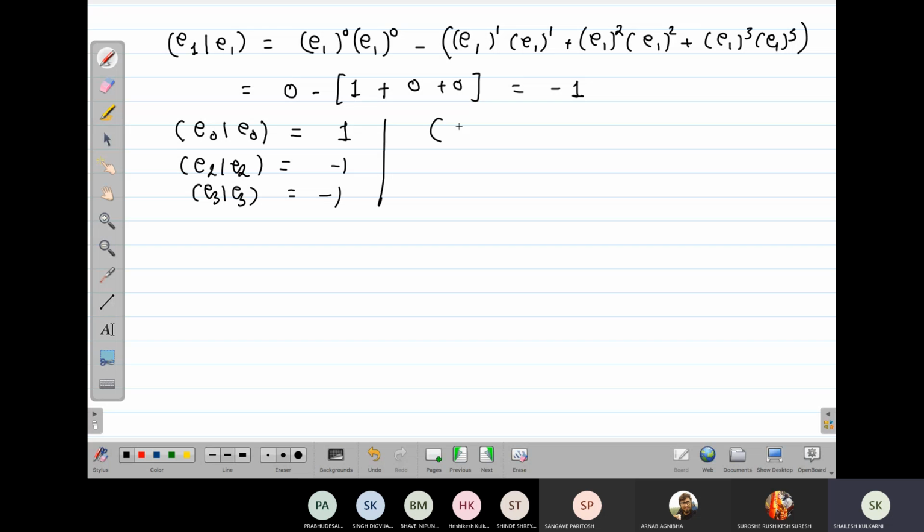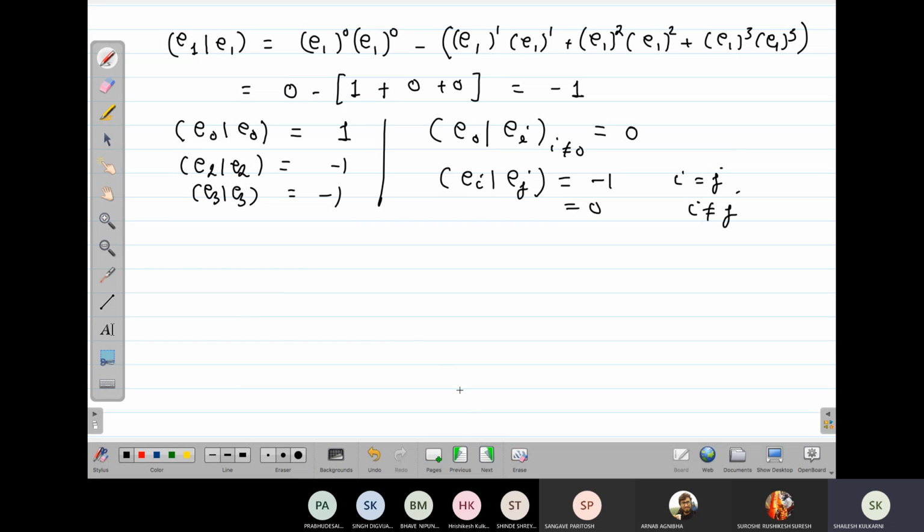So you will have E0 with Ei, i not equal to 0, equal to 0, and Ei with Ej will be minus 1 when i is equal to j, and it will be 0 if i is not equal to j. Now tell me, what should I do?